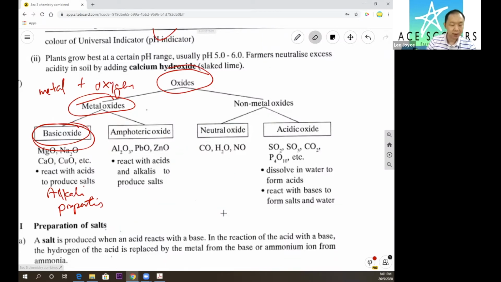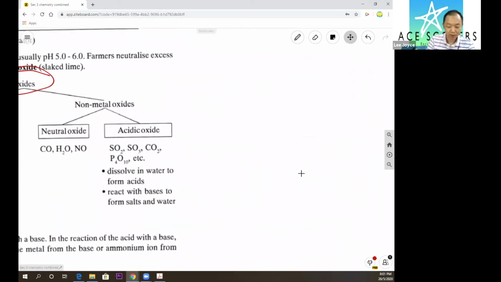Since if I take metal plus oxygen, I get alkalis, what if I take non-metals? So some other fella decided to do as they suggested.